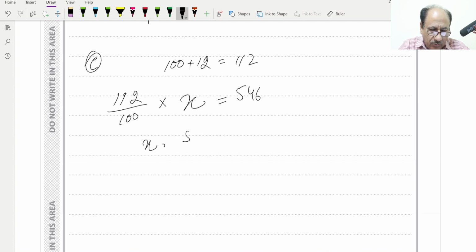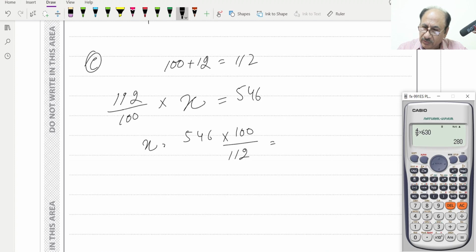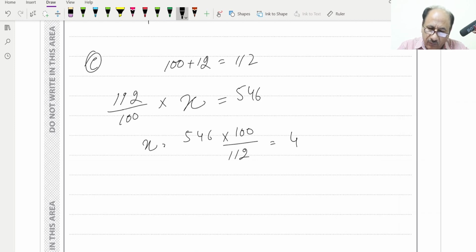So x will be equal to 546 multiplied by 100 and divided by 112, and this is equal to 487.5. This is in dollars, and this is the answer for this part.